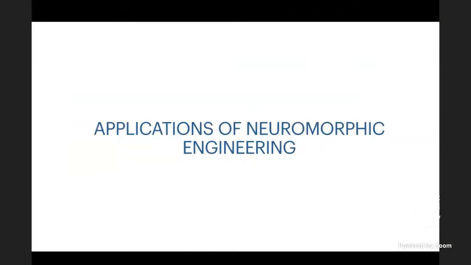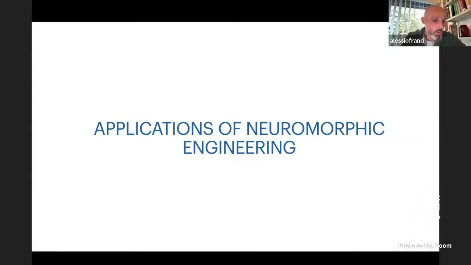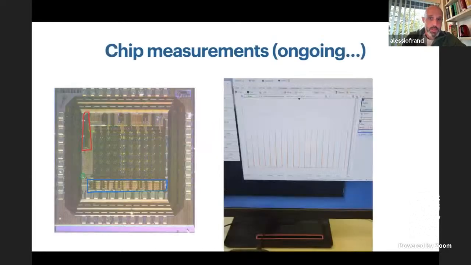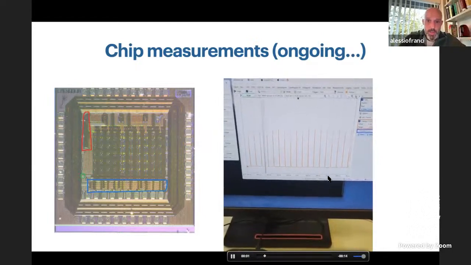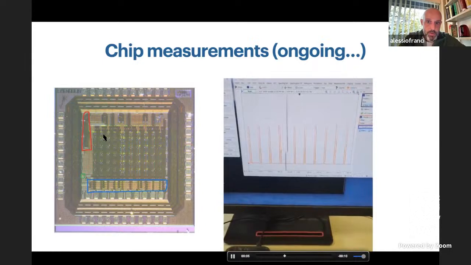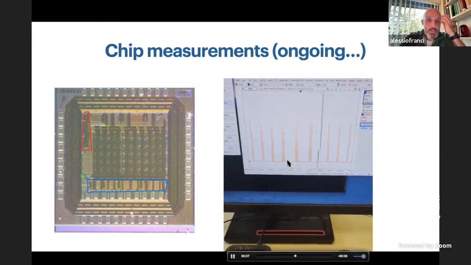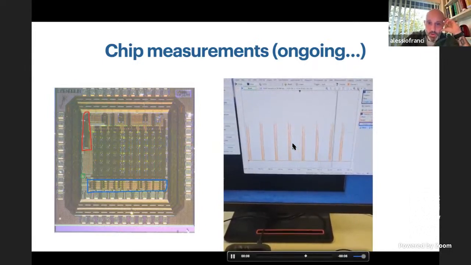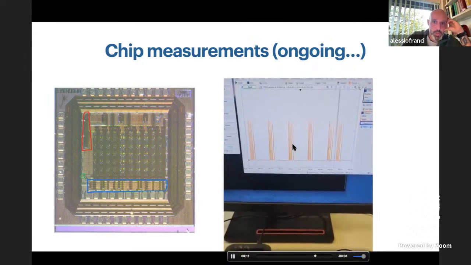Okay, so now I will go back to, I hope it was not too technical, for sure it was, but I wanted to give you a little bit of a taste of how we design these circuits and how we put transistors together to really do these things. This is a photo of the chip Luis is using, and this is a video of neuromodulation on chip.